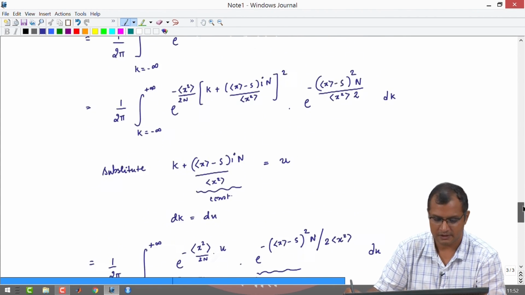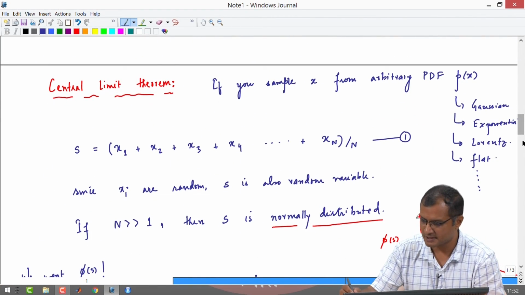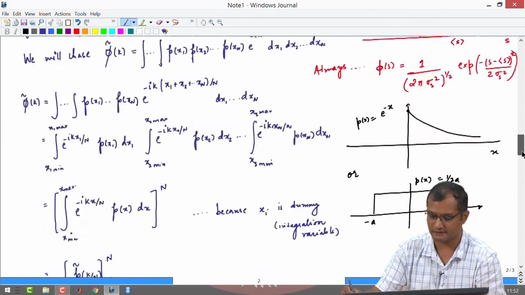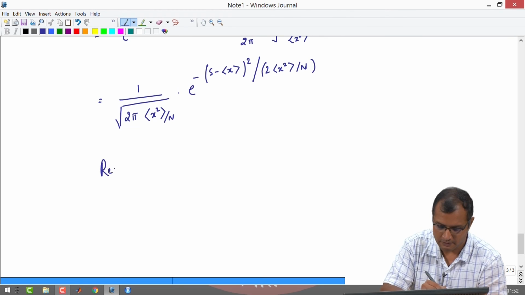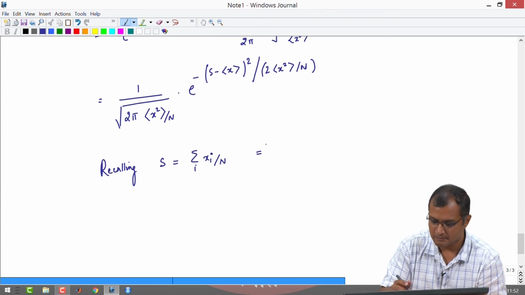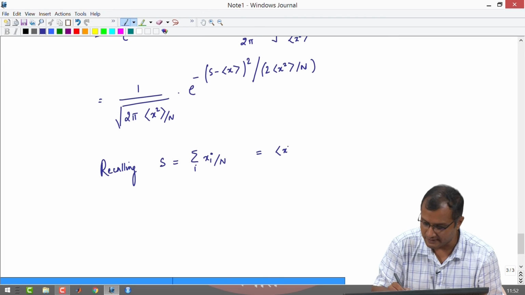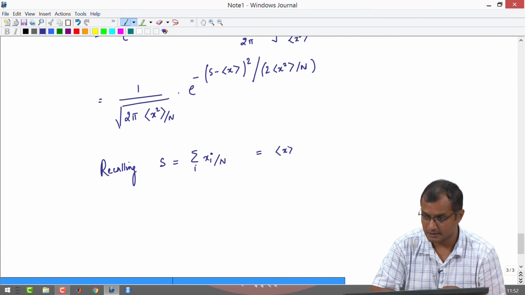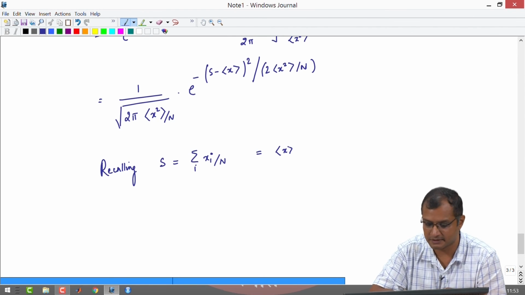And if you see the way we have defined our variable, s is nothing but the summation of x divided by n. So if you recall, s itself was summation of xi by n. So if I take a mod on both sides, this is already nothing but mod of x, that is the average value of x, because summation xi by n is mod of x.